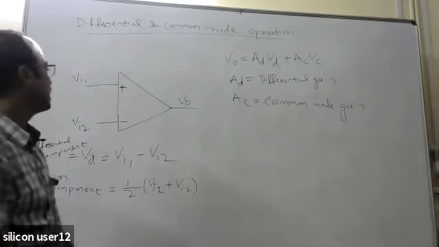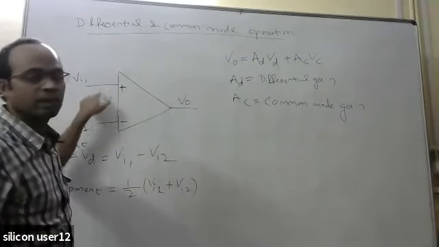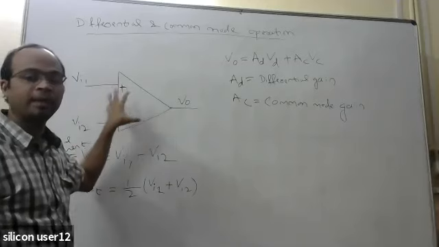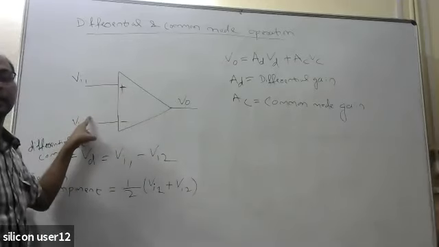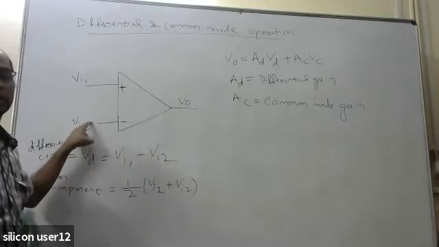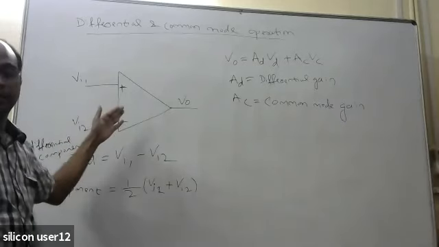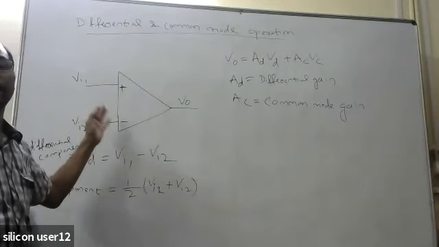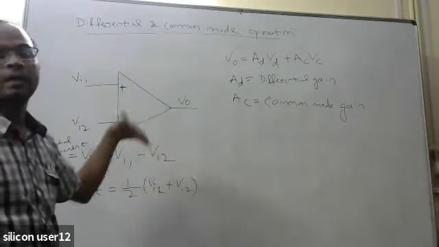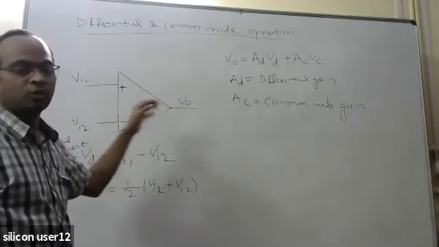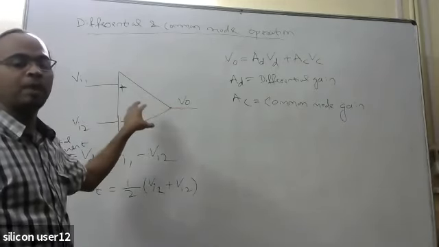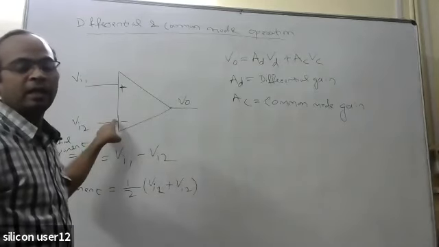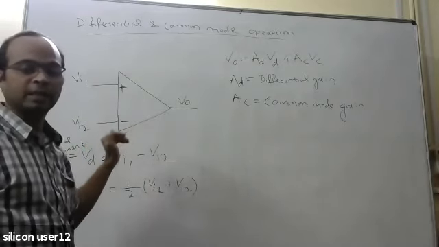Any signal applied differentially between the plus and minus terminals will be amplified, and if a signal is common to both terminals, it will be rejected, or for that component the amplification factor is very low or around 0. The point of this op amp is that it will amplify the differential signal and reject the common mode signal.